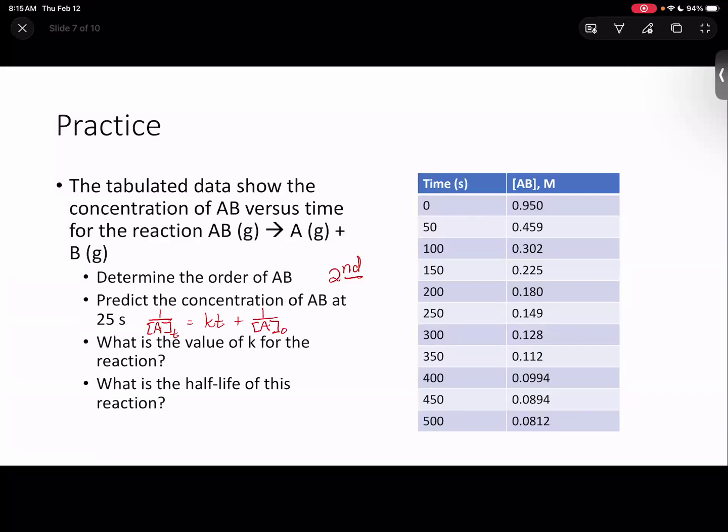So we want to know, what is the concentration at 25 seconds?